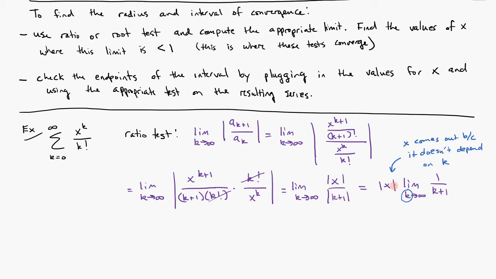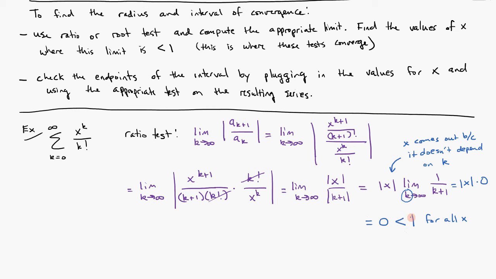The absolute value of x comes out, and computing this limit as k goes to infinity, this goes to 0. So the absolute value of x times 0, but 0 times anything is equal to 0. So this limit is equal to 0, which is always smaller than 1 for all values of x.